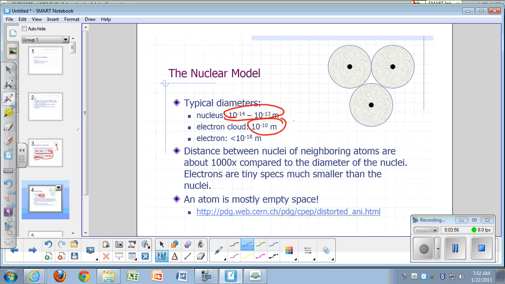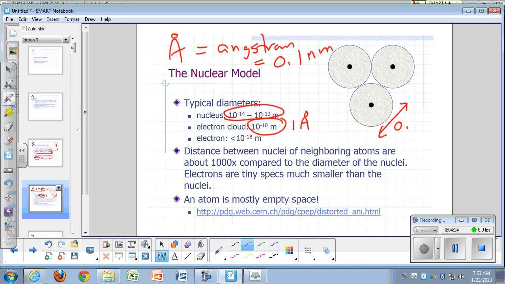That's also known as 1 angstrom. This letter with a circle on top is called an angstrom. That's 10 to the negative 10 meter, or equal to 0.1 nanometer. Nano means 10 to the negative 9. So this diameter is 0.1 nanometer, or let's just call that 1 angstrom.